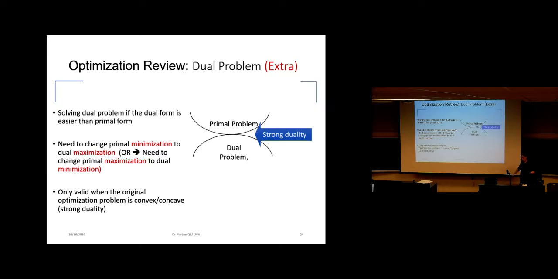The primal problem has a one-to-one mapping to a maximization problem in the dual formulation. It's only valid when the original optimization problem is convex if it's minimization, or concave if it's maximization.